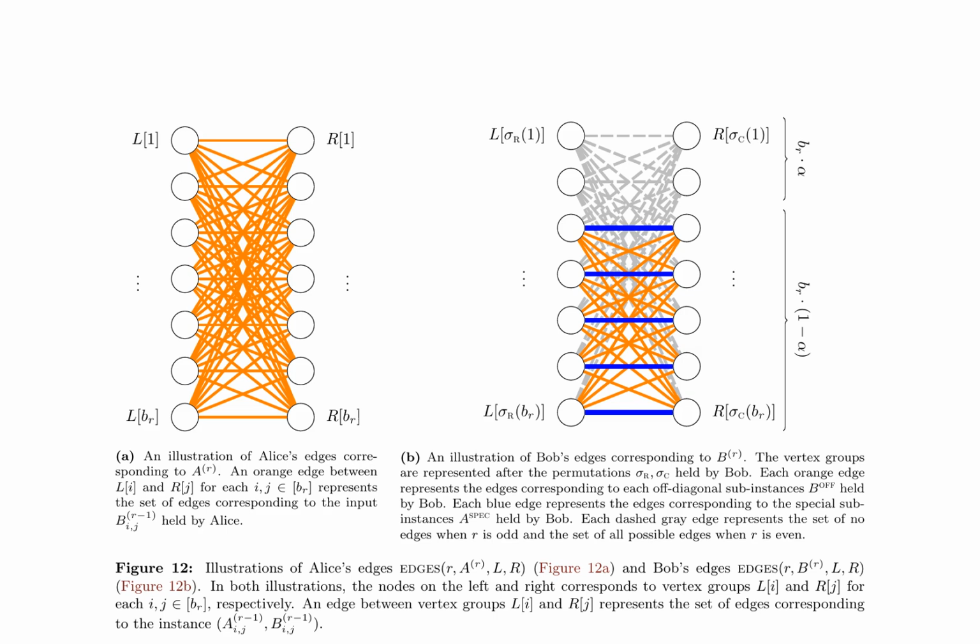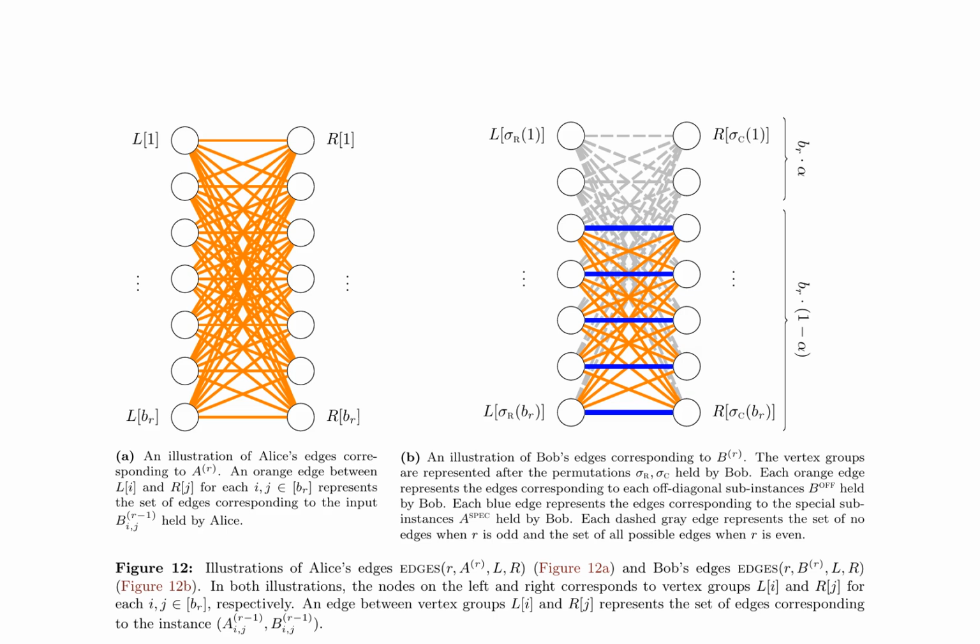The construction process relies on the recursive definition of AHM, where players use permutations sigma_r and sigma_c to construct required edges. The player holding B_r can construct necessary edges without communication by the induction hypothesis, specifically edges corresponding to B_{r-1} and A_{r-1} instances. When r is even, the player constructs additional edges using sigma_r and sigma_c, without requiring communication.